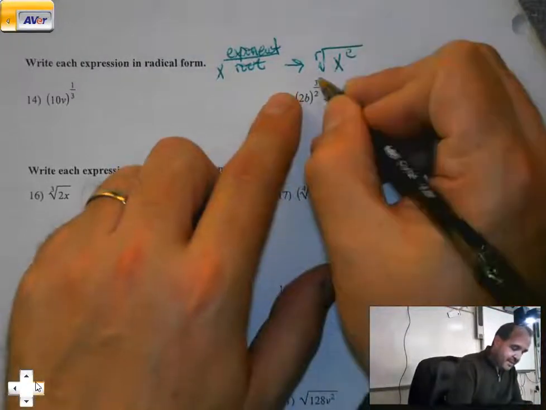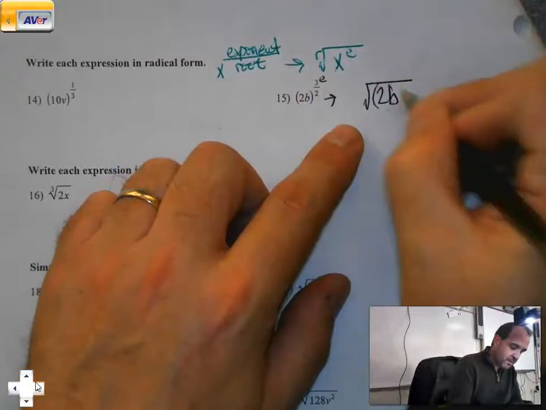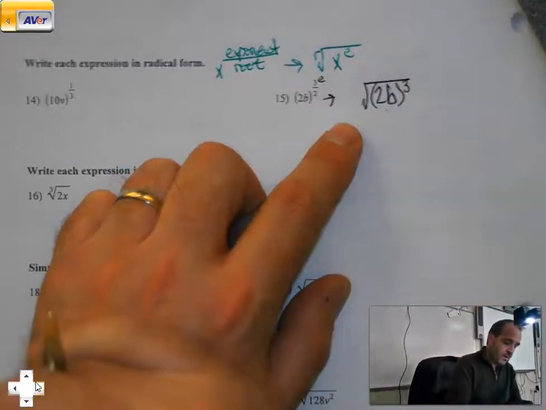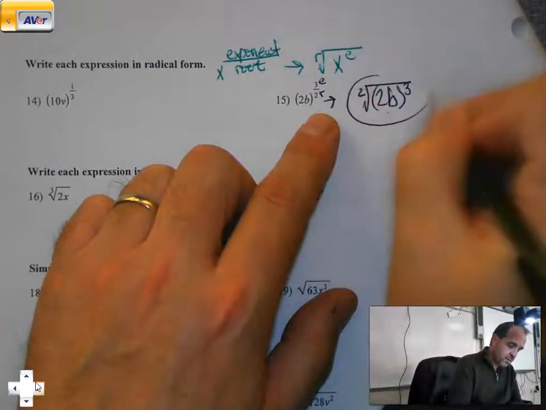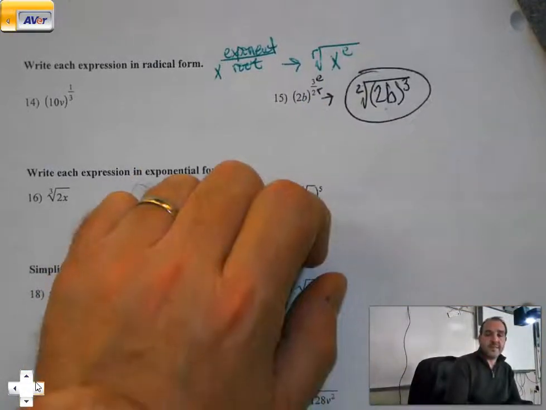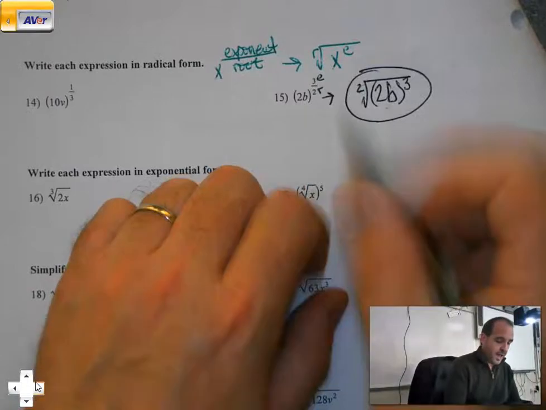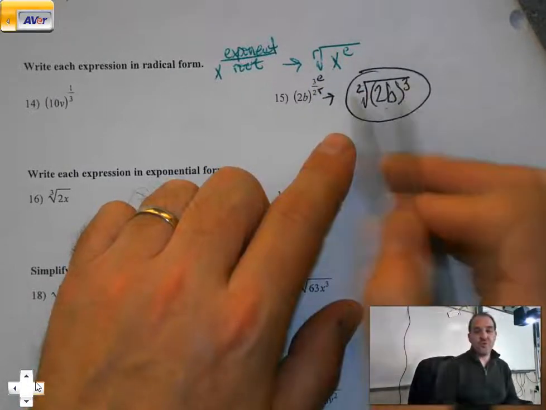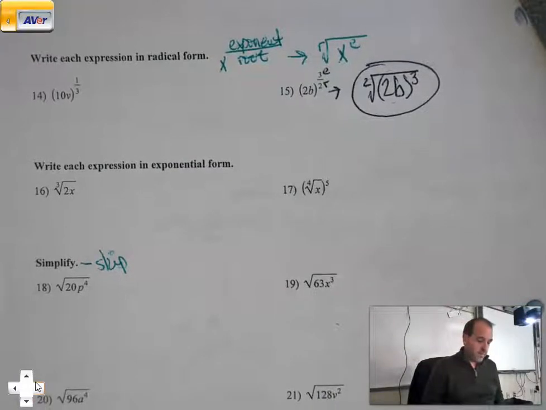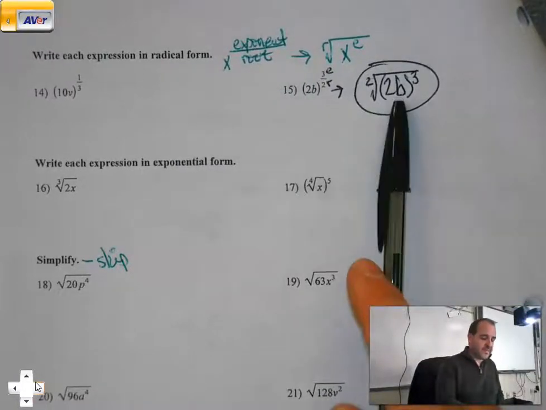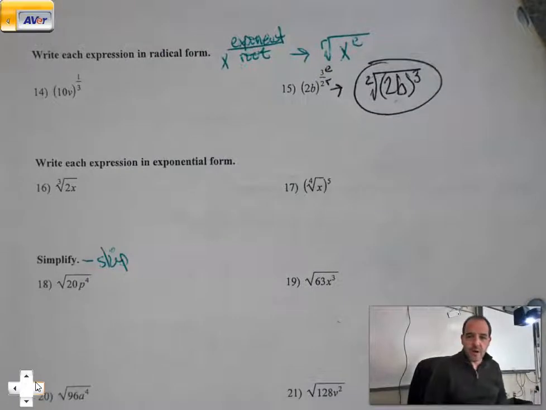And then this is my exponent, and this is my root. So it seriously is just realizing exponent, root, and putting those two values in the right place. You do not have to simplify this. I don't care if you don't make that 8b to the 3rd, but just get it into that format.